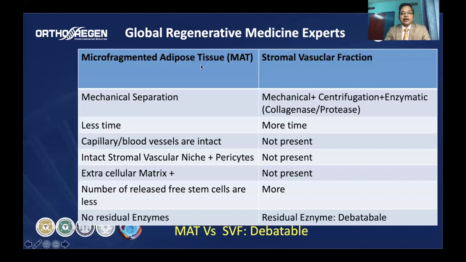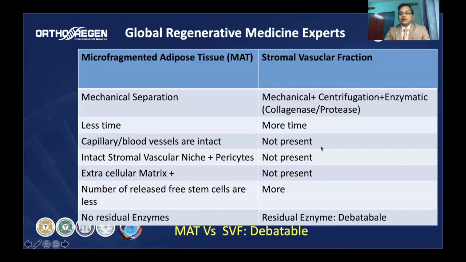Those who use MAT say that because you are not breaking it down with enzymes, you have intact stromal vascular niches, which have a lot of pericytes, and the blood vessels like capillaries are also intact, and they are not present in the SVF. So there is a matrix in the MAT which is not there in the SVF.